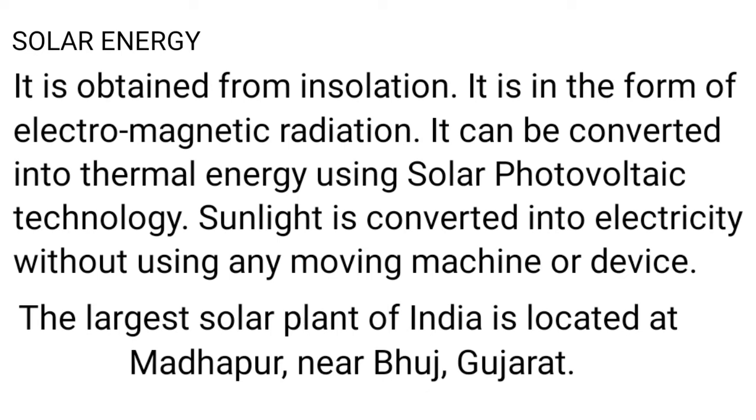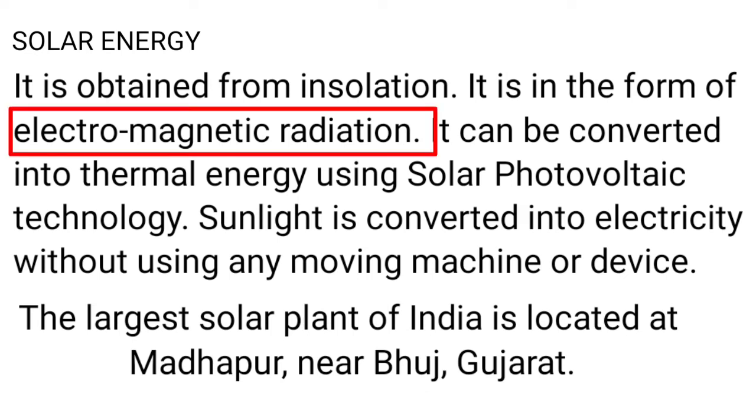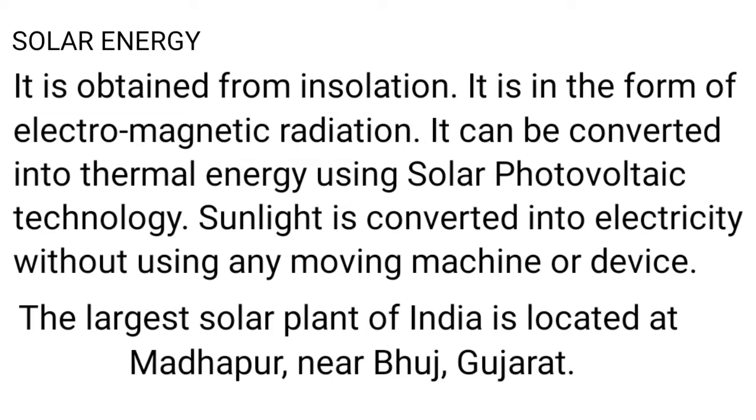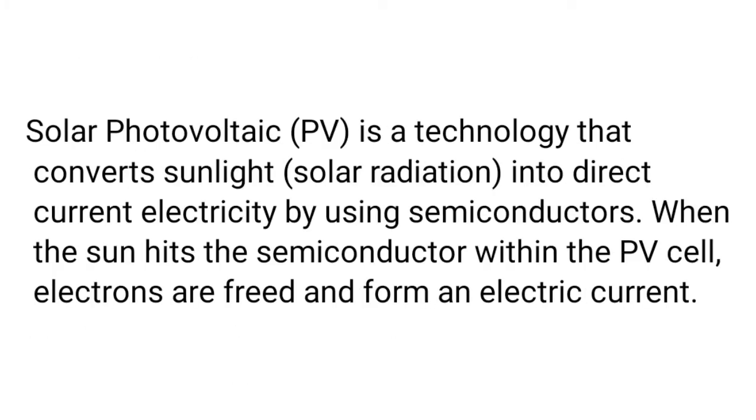Solar energy, as we know, is obtained from the insolation from the sun. It is in the form of electromagnetic radiation, which is converted into electrical energy by using solar photovoltaic technology. Solar photovoltaic technology produces electricity by using semiconductors.